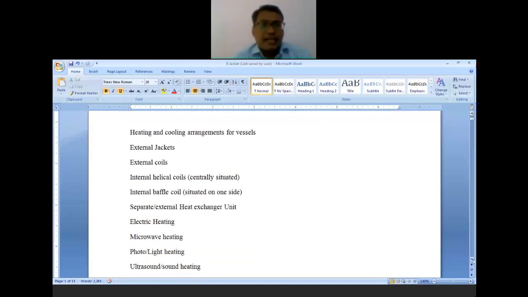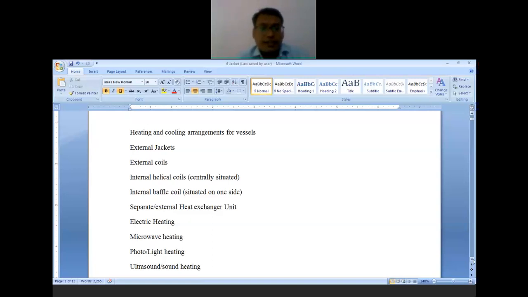Now in that, the external jackets, external coils, internal helical coils, that is centrally situated, and the internal baffle coils situated on one side. Then a separate external heat exchanger unit can be used. Then electrical heating is also used.